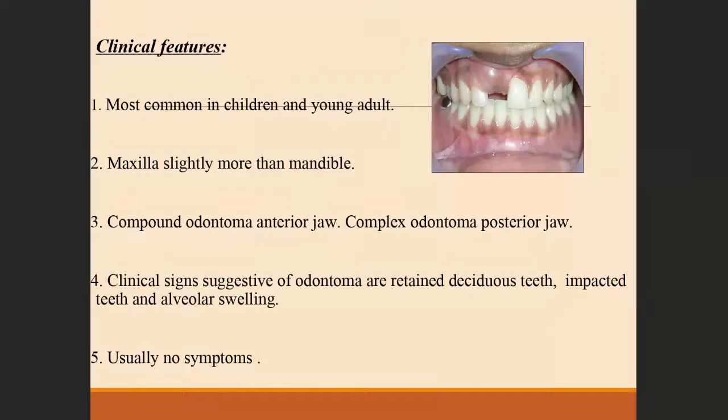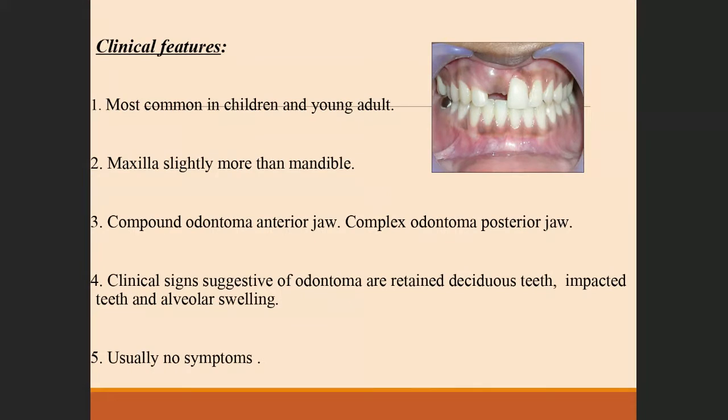Now clinically, what are the signs and symptoms? This tumor is seen in children and young adults, more commonly in the maxilla than the mandible. Again, compound and complex show different site predilection. Compound odontomas are more common in the anterior jaw, and complex odontomas are more common in the posterior jaw. Clinically, it may be asymptomatic.